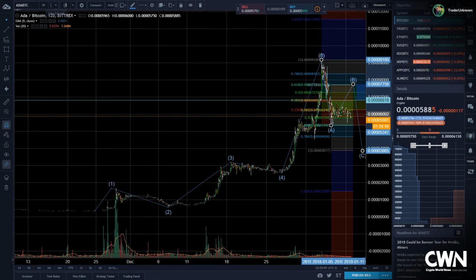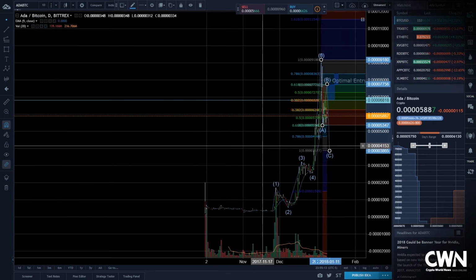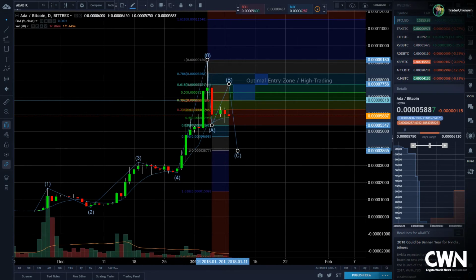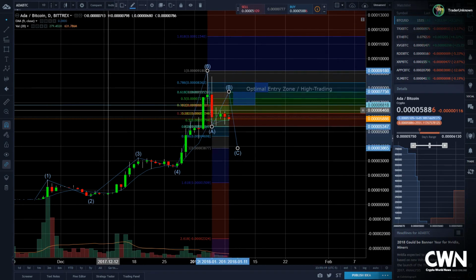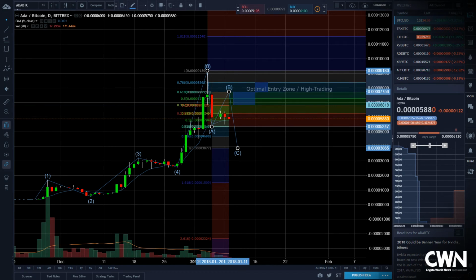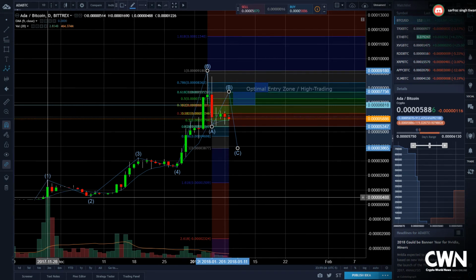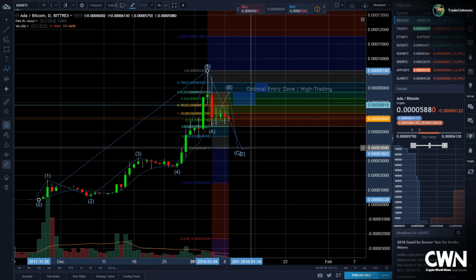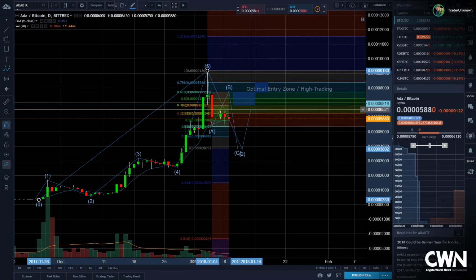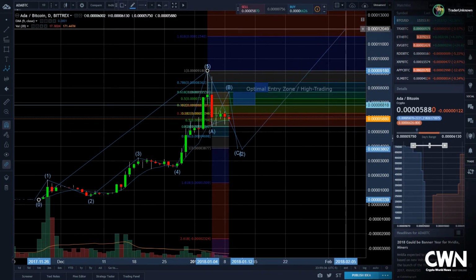Let's go back to our daily and draw the larger wave count once we get our more defined ABC correction. So we can step out of ADA for some time, right? If you do not own this one, I would personally wait for a more defined BC leg because I think it needs it.